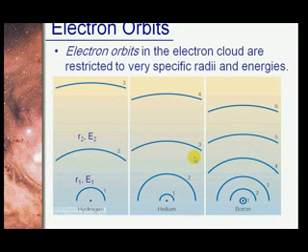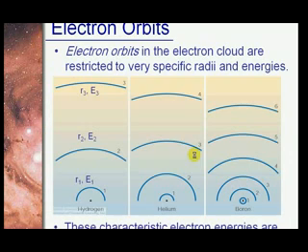So for each element there are radii of energy shells. In these energy shells, electrons revolve around the center, which is the nucleus. And for each energy shell, these spaces are not the same, and radius 1 has energy 1, radius 2 has energy 2, radius 3 has energy 3, and so on.